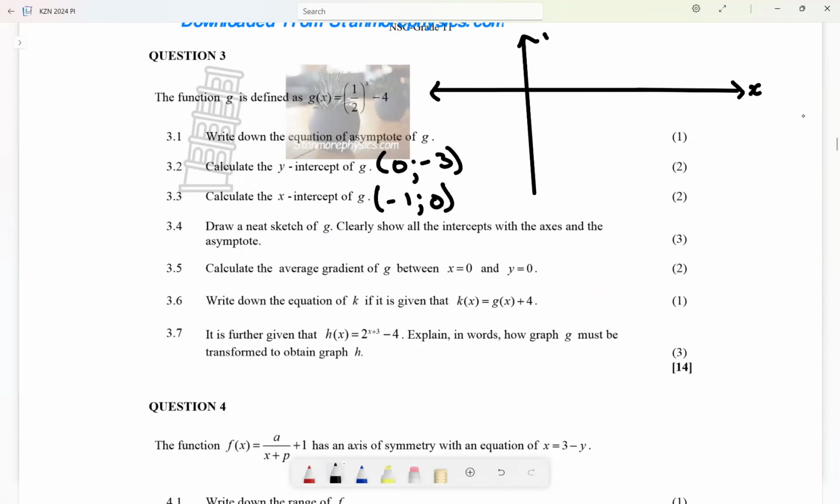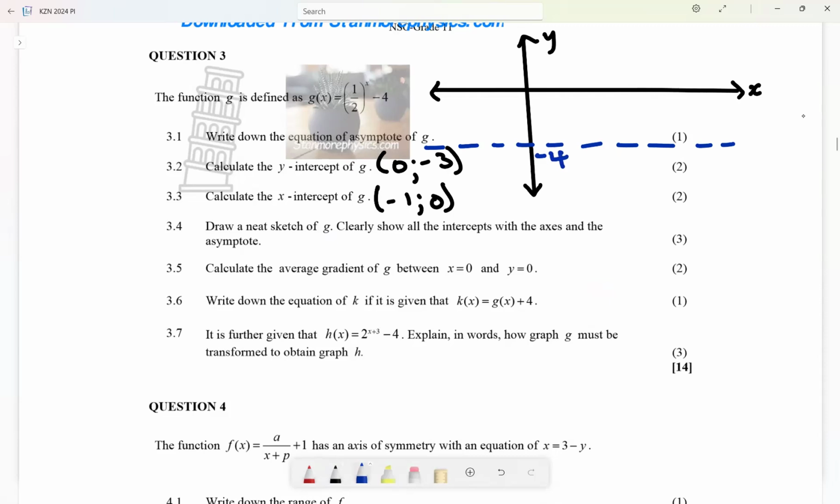This is my x, this is my y. First thing that I plot is my asymptote at negative 4. The examiner does not care as long as we have said this is negative 4.